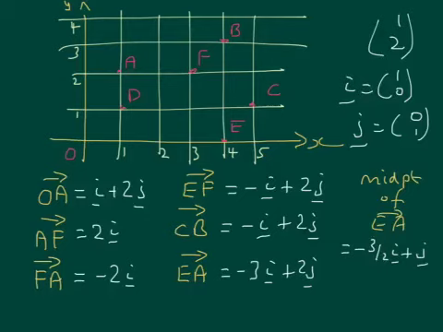So the vector from E to A is minus 1.5 in the i direction plus 1 in the j direction. It's there. It's that point there. So that is at 2.5, 1. It's not equal to it, but the point is at 2.5, 1.